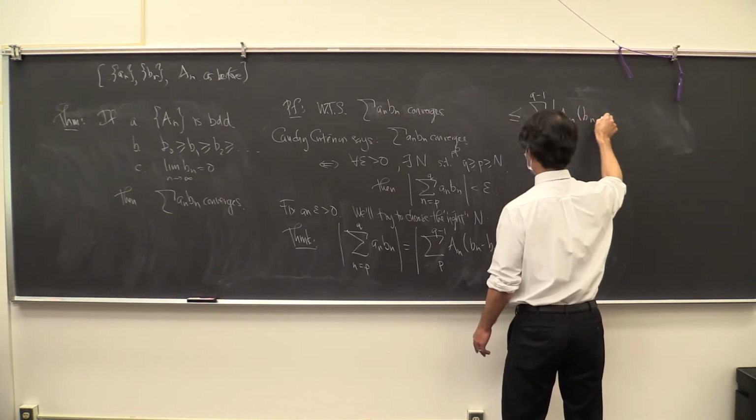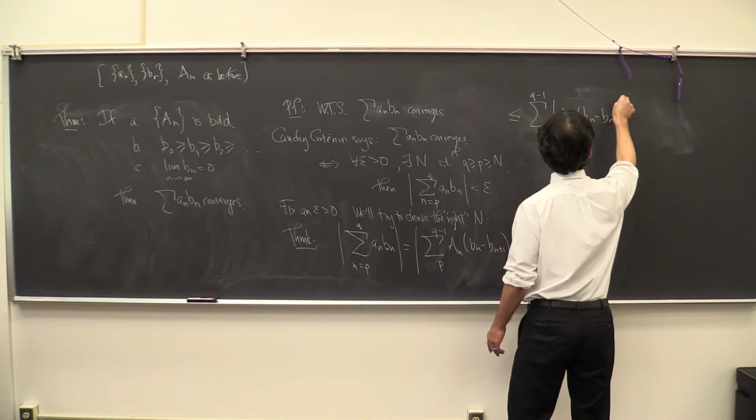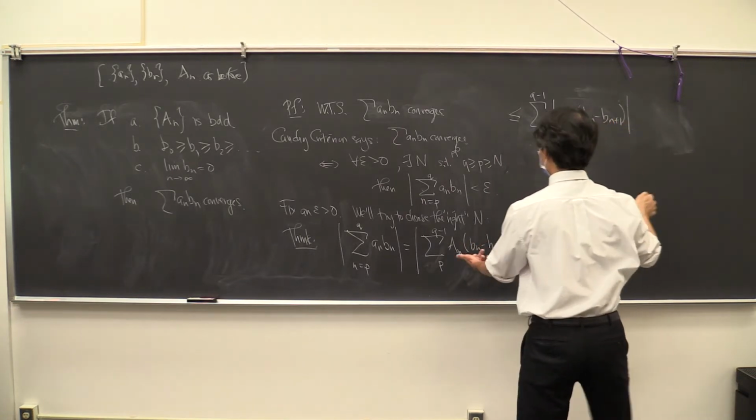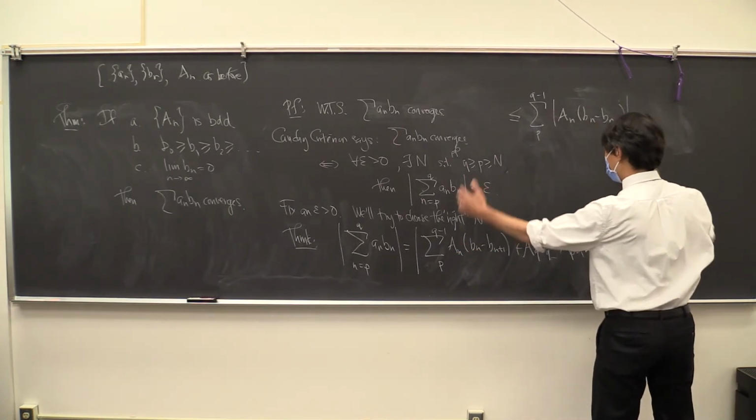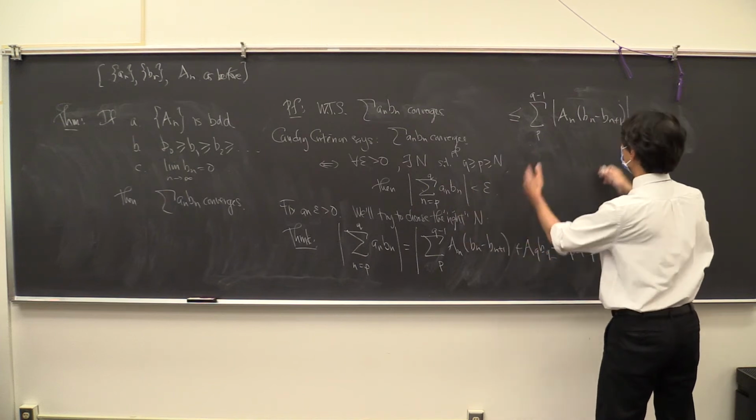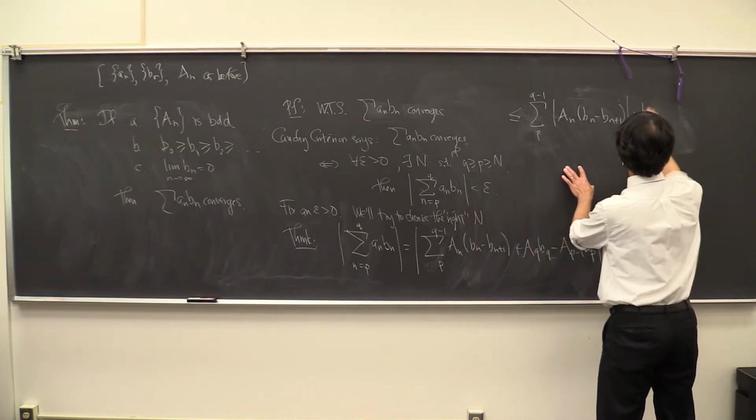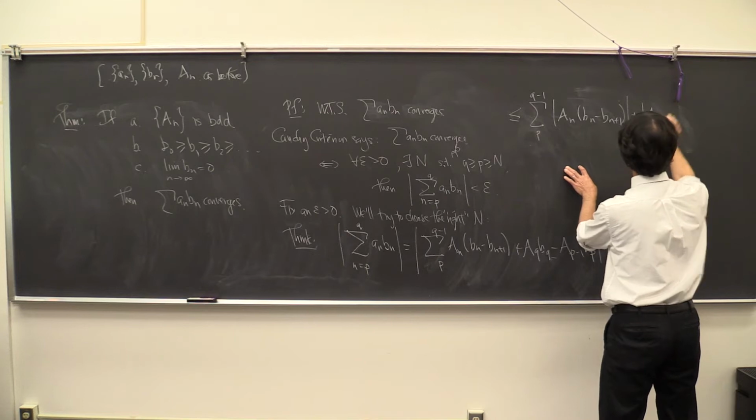They say, okay, well, look, we're going to control each of these things, right? The absolute value of the sum is controlled by the sum of the absolute values, right? So we're going to just put absolute values on everything, right?